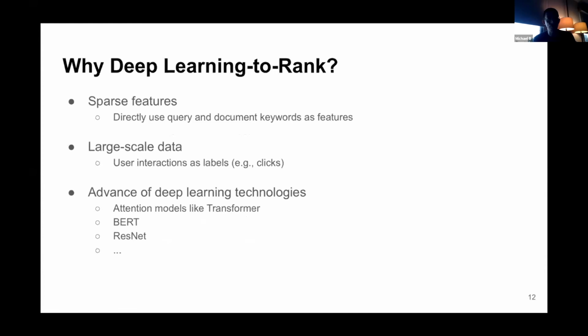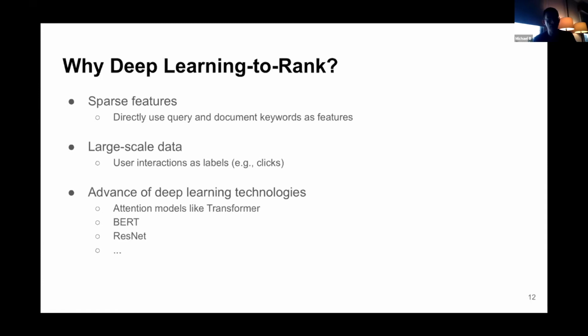Deep learning to rank goes a different direction. We now use sparse features, directly using query and document keywords as features, rather than numerically encoding them using things like BM25. Often they rely on large-scale data. Often we take user interactions as labels versus human labels on the documents themselves, and that comes with the price of clicks being noisy.